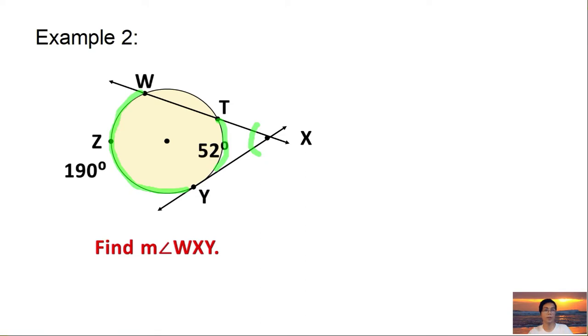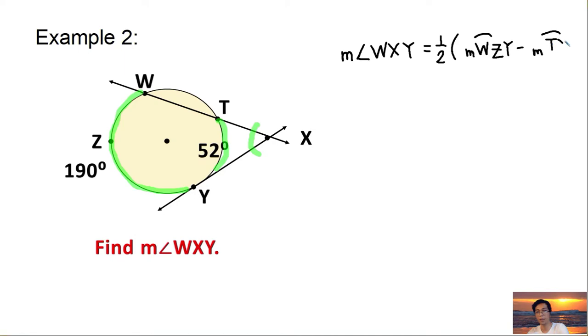So, sulat muna natin yung ating pinaka-formula. Our formula is measure of angle WXY is equal to 1/2 times the quantity measure of arc WZY minus the measure of arc TY or YT. O kahit naman magkapalit yun, wala namang problema.